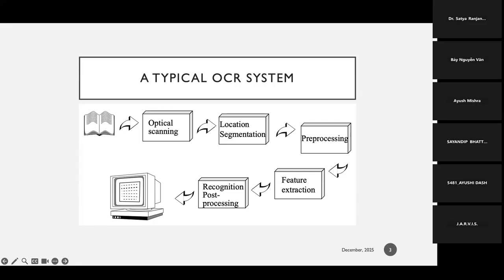After that, the extracted symbols may be preprocessed, eliminating noise to facilitate the extraction of features in the next step.